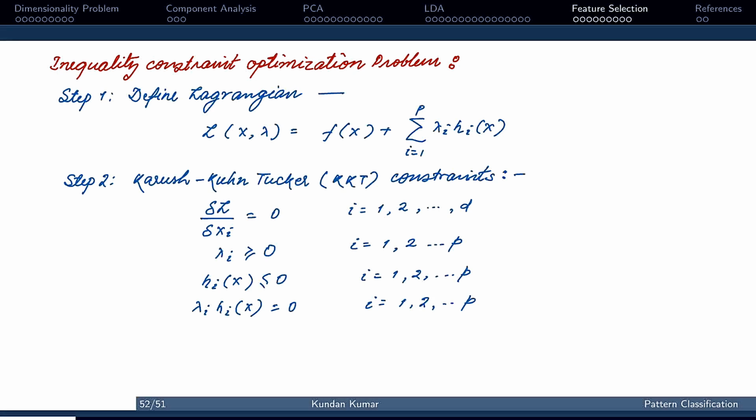So solving these above equations, we can get the optimal value of f(x).